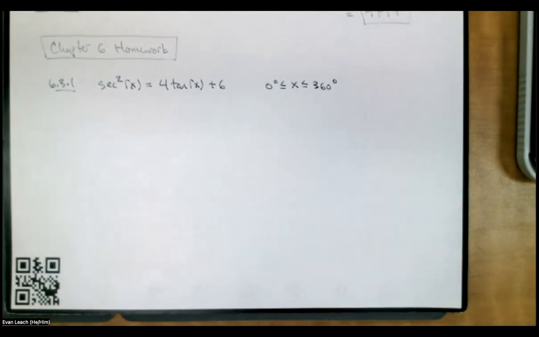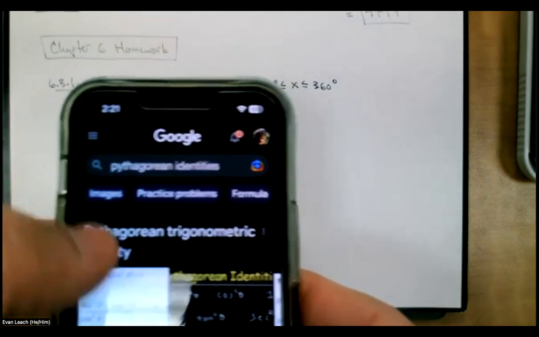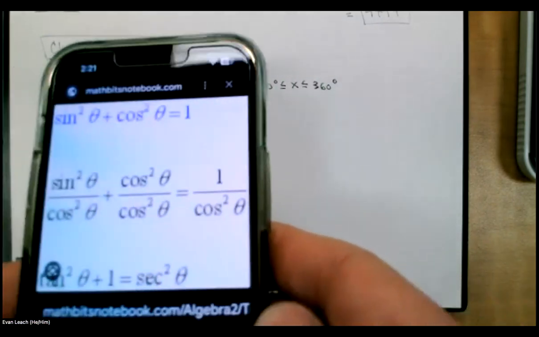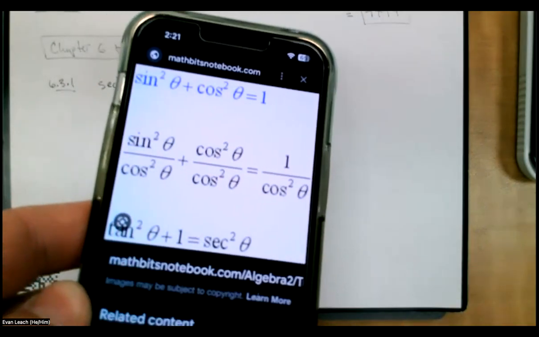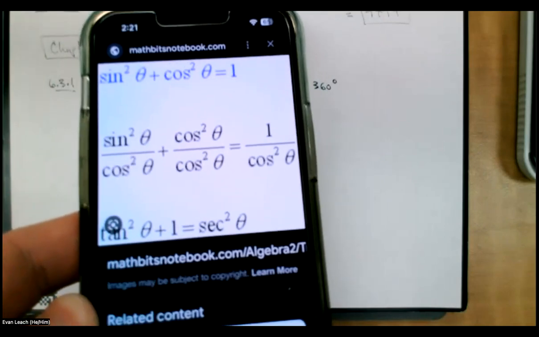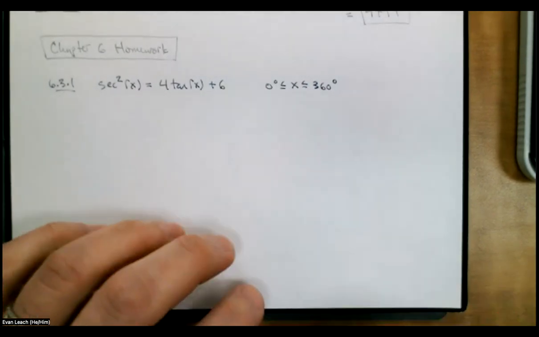So we just have to remember our Pythagorean identities. I'm looking into my memory and thinking, oh yeah, tangent squared theta plus 1 is secant squared theta.